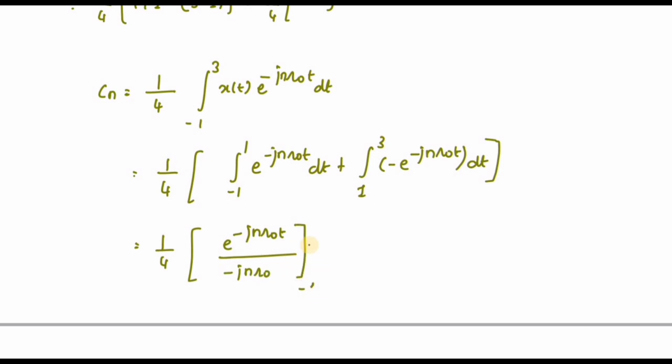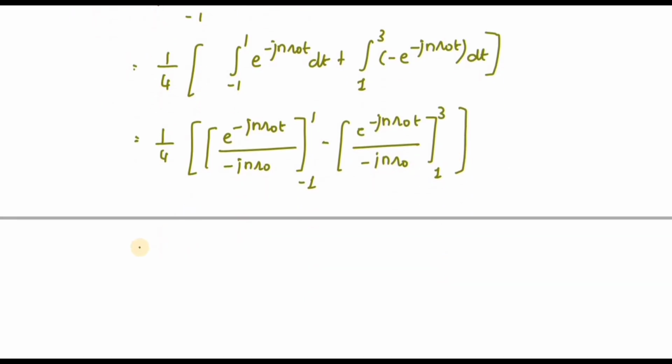Minus 1 divided by, plus minus e power minus j n omega naught t divided by minus j n omega naught. That is equal to 1 divided by 4.